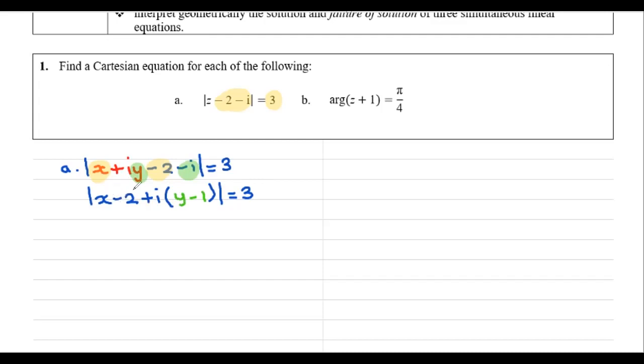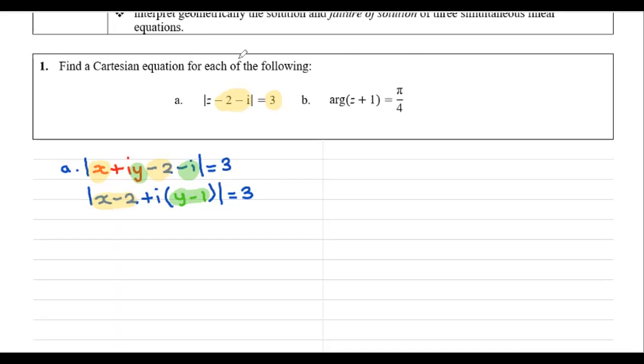So this defines a set of complex numbers. Now you'll notice we've got the real components and the imaginary components separately. That was our aim. Now this would be a distance along the real axis, or the x-axis. It's an orthogonal coordinate system. Similarly, the y subtract 1 here would be a distance in the y direction, or the imaginary axis.